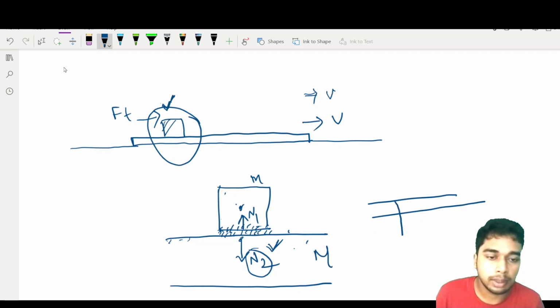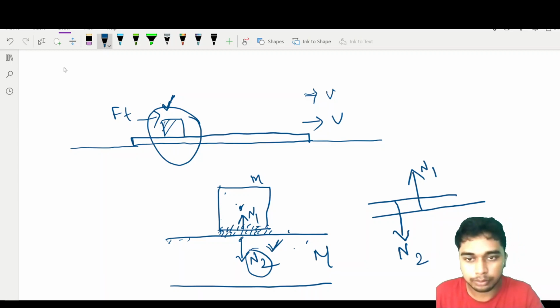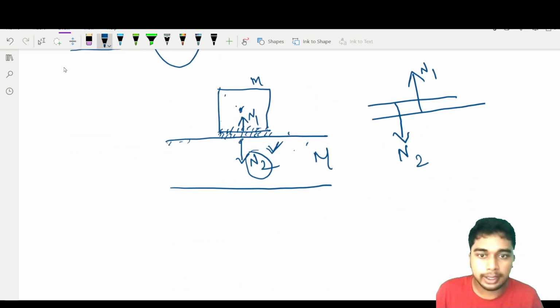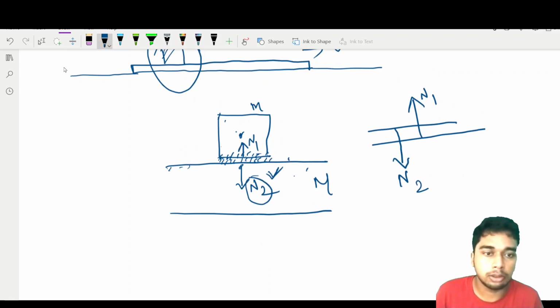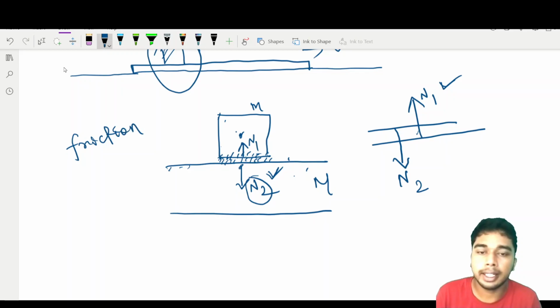One normal reaction will be from this one and another will be from this one. So this is N1 and this is N2. I have discussed these are the normal reactions. Then there is another force that is called frictional force, friction, which acts parallel to the surface.